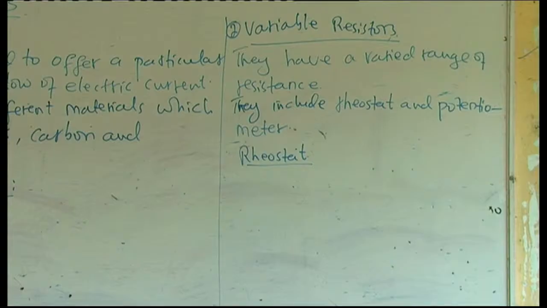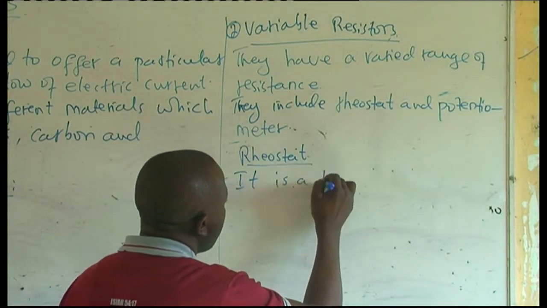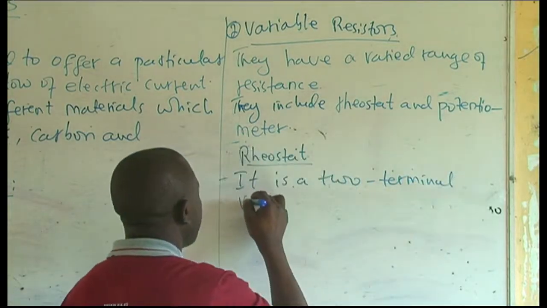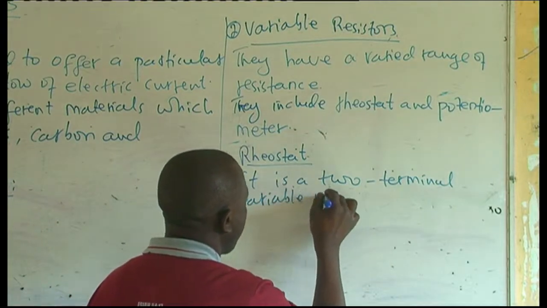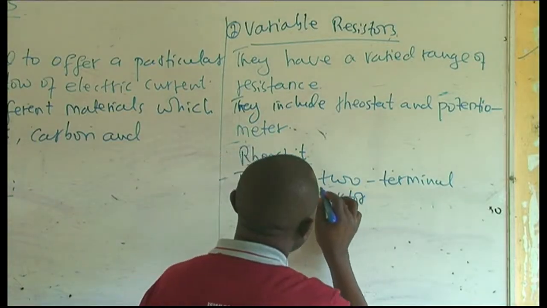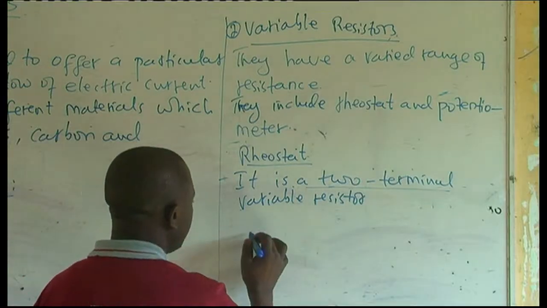When we talk about a rheostat, this is a 2-terminal variable resistor. It has got 2 terminals. That is what we call the rheostat, and it can take this particular shape.